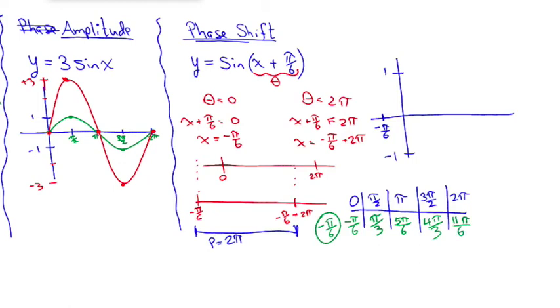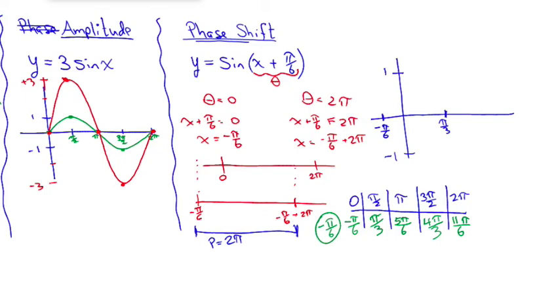So when I do my marks, this is negative pi over 6. Oops, wrong color. Pi over 3 is double pi over 6. So if I make this 1 unit, I have to go 2 to get to pi over 3. This length, whatever I make it, can't change.